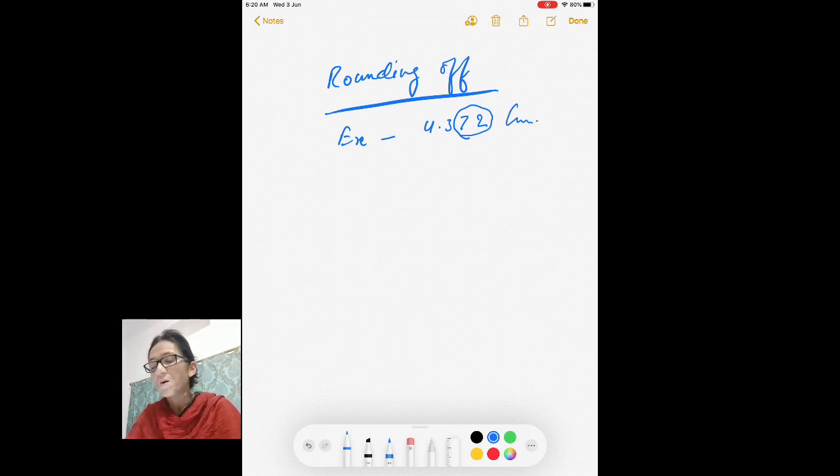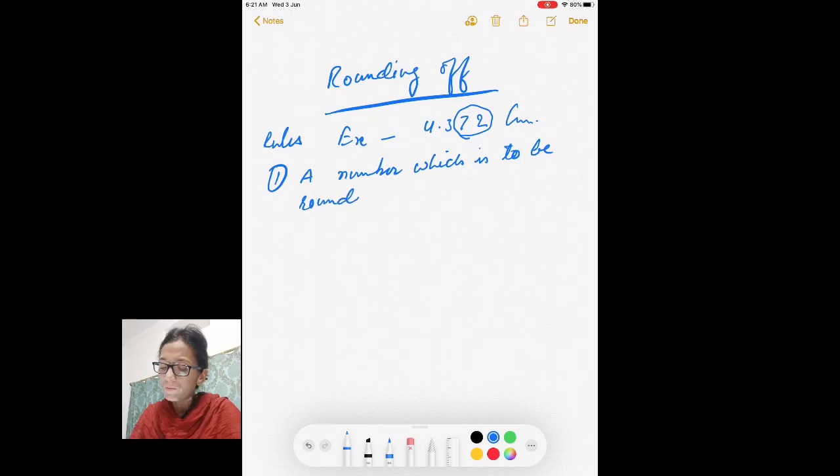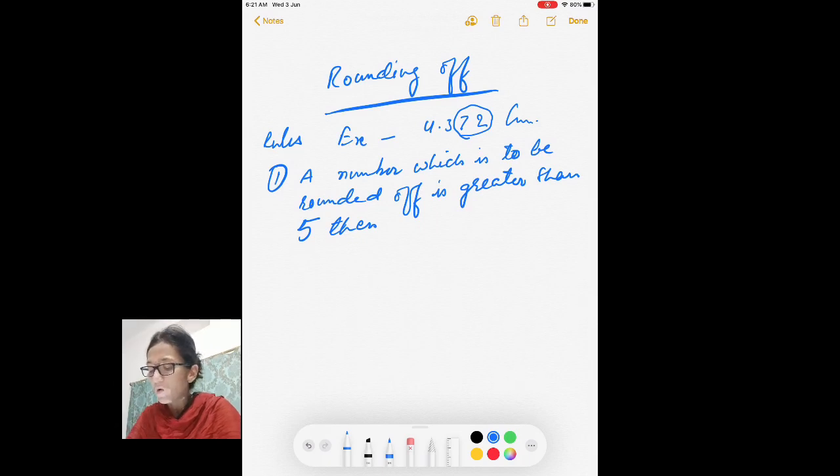If the number to be rounded off is greater than 5, then the preceding number will be increased by 1.